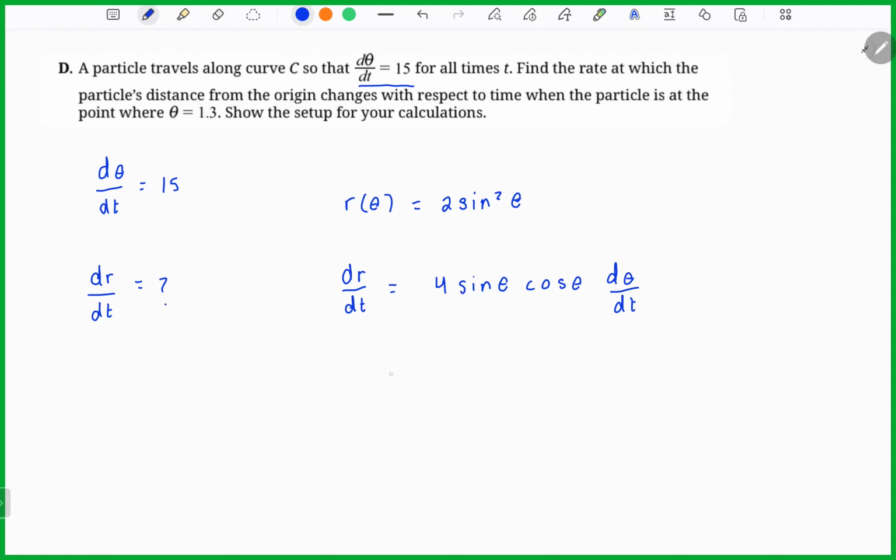All right, we've been given d theta by dt is 15, so 4 times 15, we'll have 60 sine theta cos theta is equal to dr by dt. And in fact, we don't even need to use Desmos for this. We can simply state that dr by dt is equal to 60 sine 1.3 cosine 1.3. And there we have it.